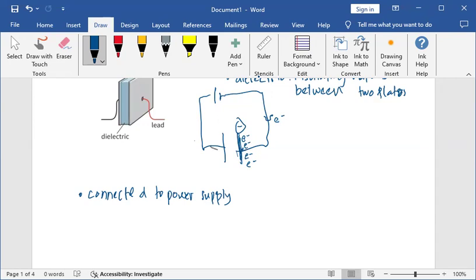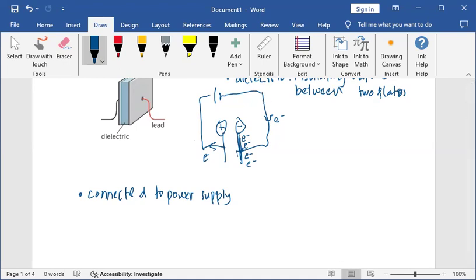Jadi elektron di sini will repel, sehingga elektron in the second plate ini, ya, kalau di left plate ini akan habis, akan berkurang, sehingga this plate will be positive. Okay, so it will be positive, and the electrons are stored in the right plate.